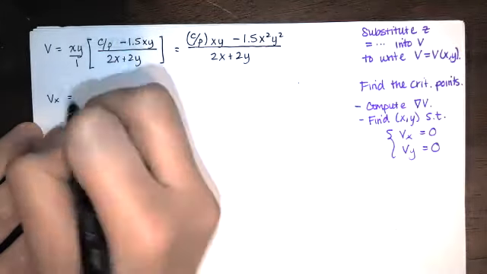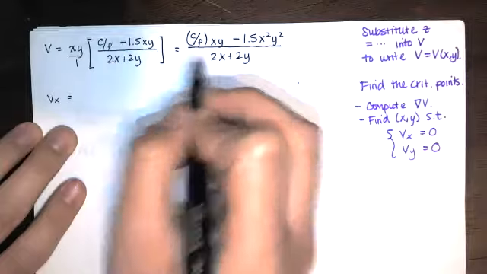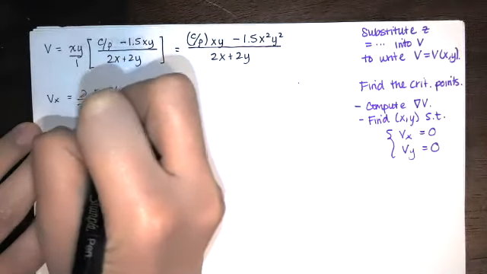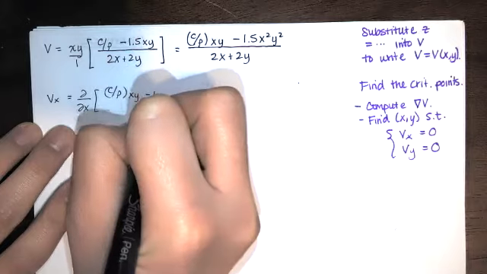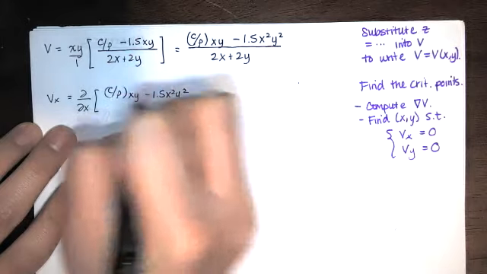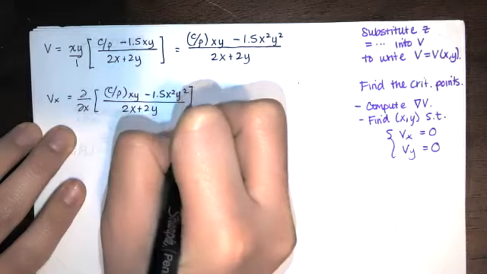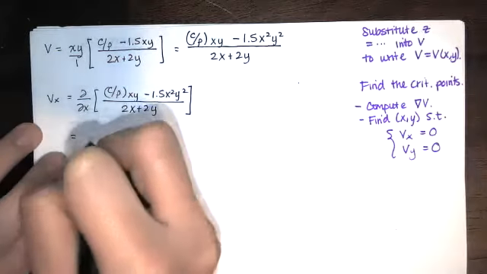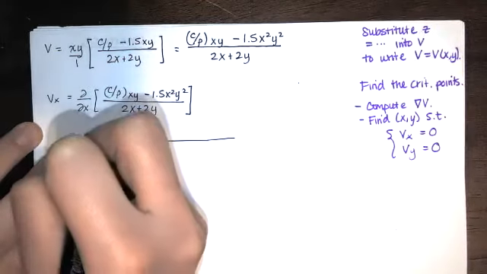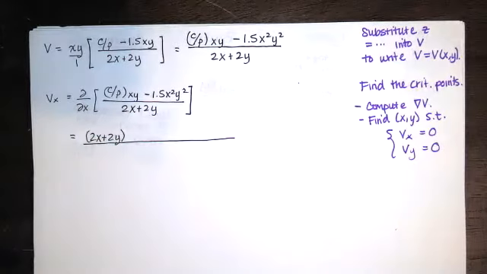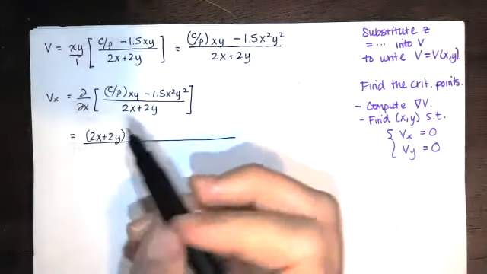Okay, so first we want to take the partial of this function with respect to x. And since it's a quotient, it makes sense to use the quotient rule. With the quotient rule, we say low, bottom function, d high with respect to x, treating y as a constant.